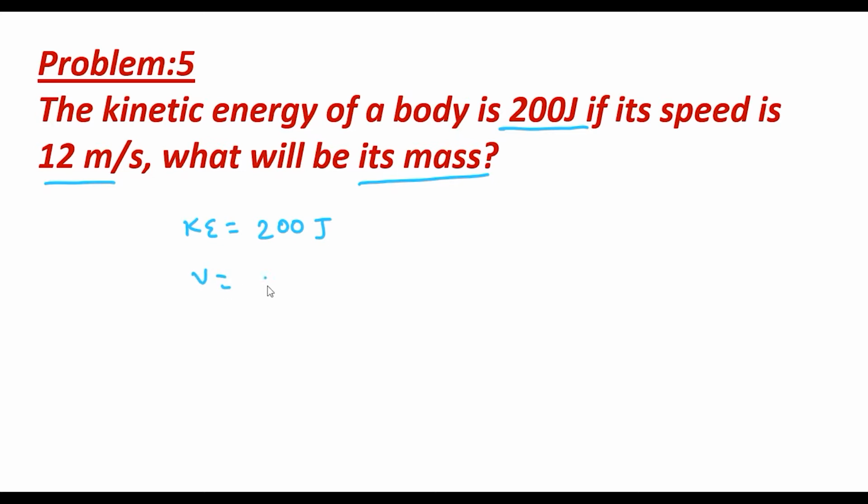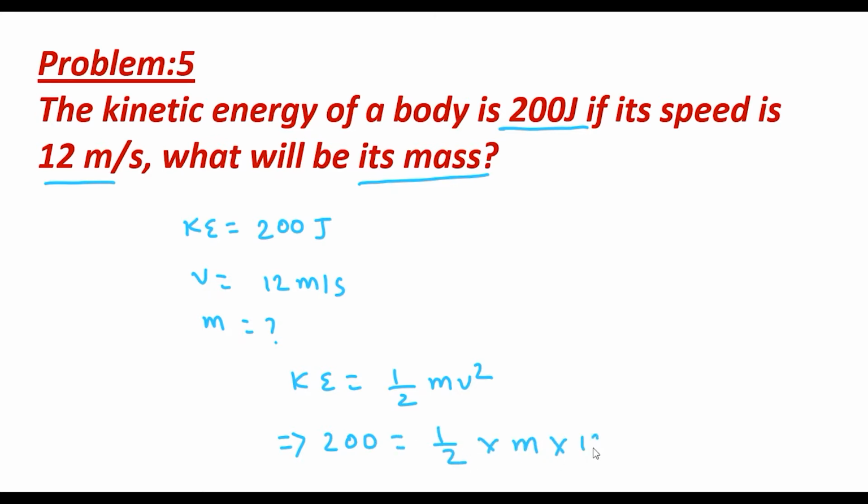Speed is given, v is 12 meter per second. So we know that kinetic energy equals 1 by 2 mv square, and we have kinetic energy 200, 1 by 2, mass we have to find, v is given as 12 square.